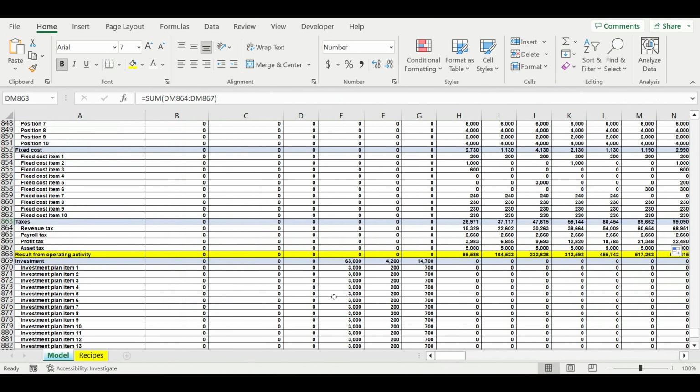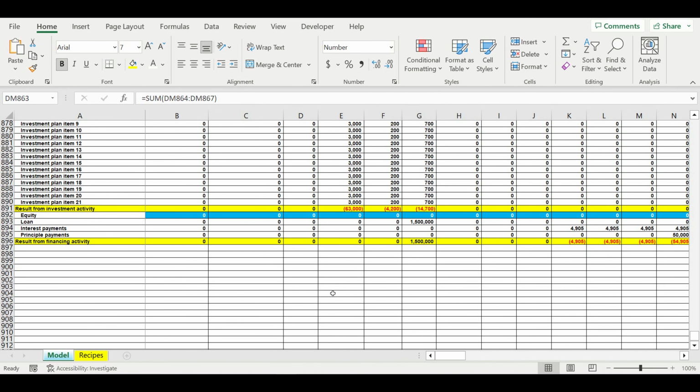Now let's create a new line and call it cash balance at the beginning of period. Here we will have 0 for the first month.